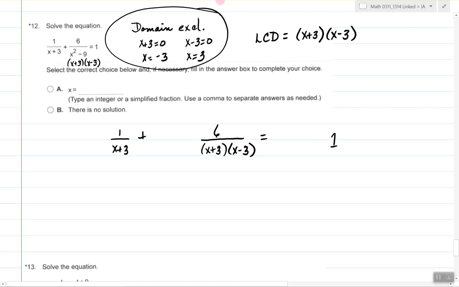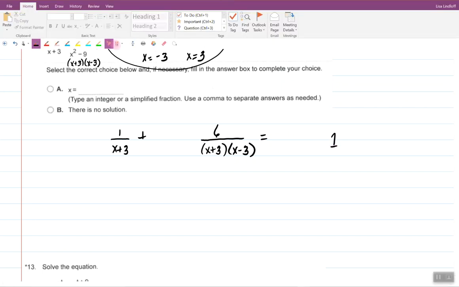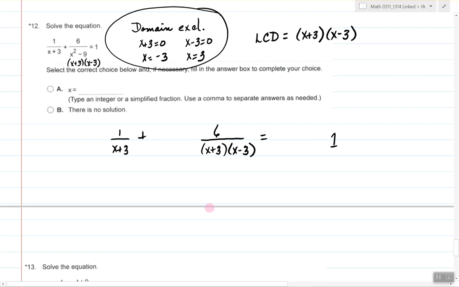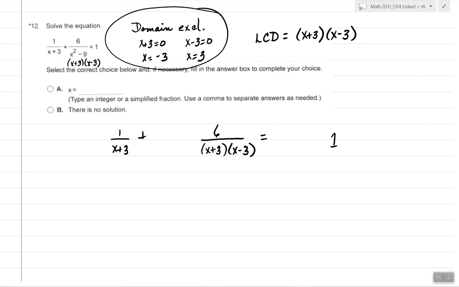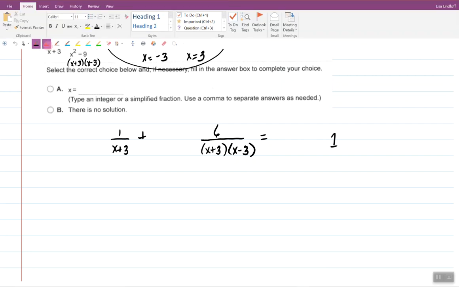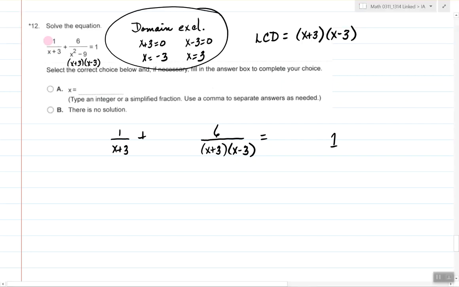I think I'm going to give myself some more room, and I'm going to get my red pen for multiplying by the least common denominator, which is x plus 3 times x minus 3, x plus 3 times x minus 3, x plus 3 times x minus 3.